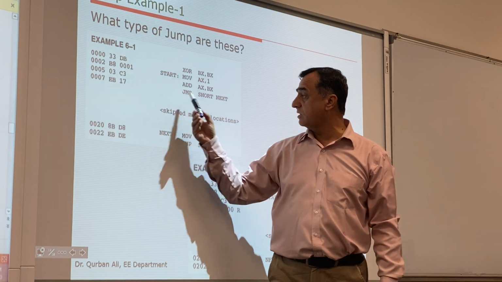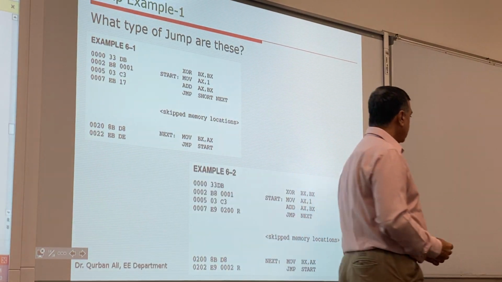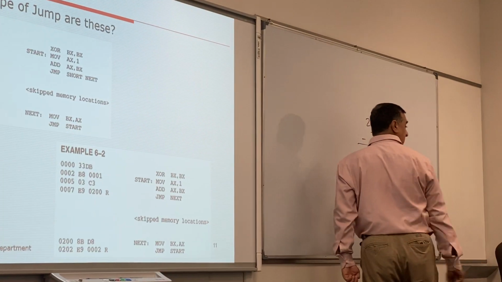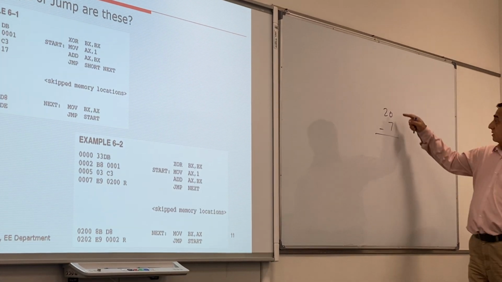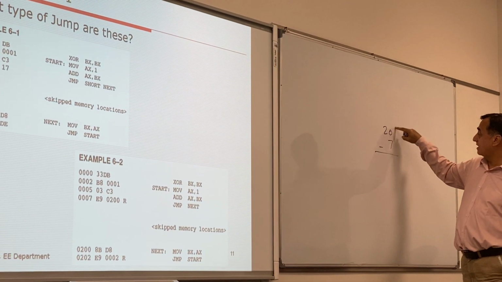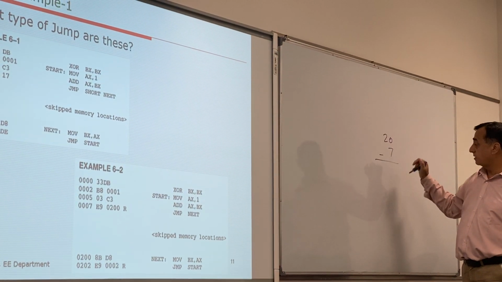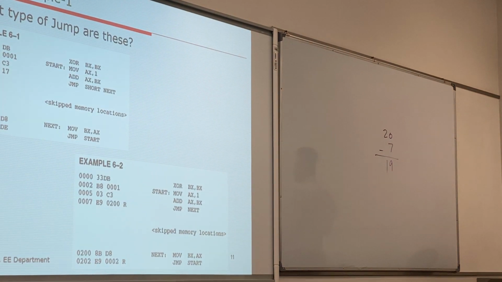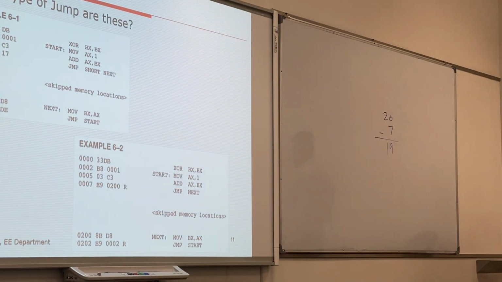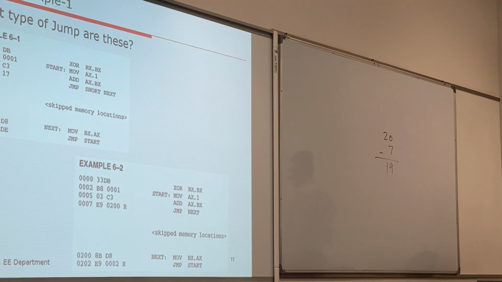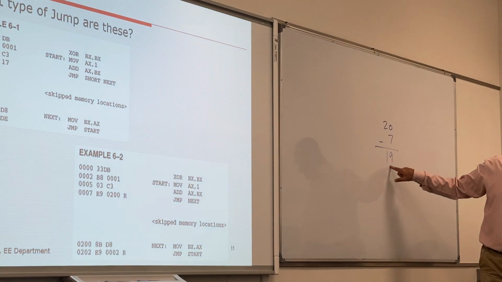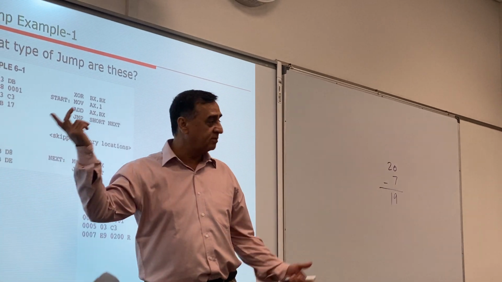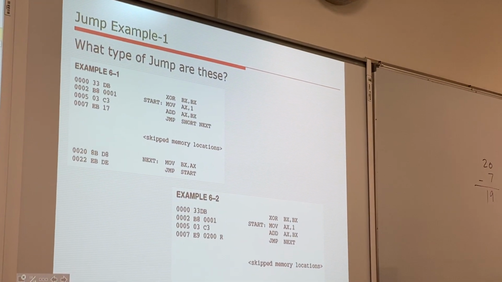So we are jumping from 7 to 20. 20 minus 7. This is hex, right? 16 minus 7 is 9. 19 in hex. Anyone can tell me what is the decimal value? 19 hex. This is a byte, right? So that's why they wrote short here, because we are jumping from 7 to 20. It's a short jump, right?